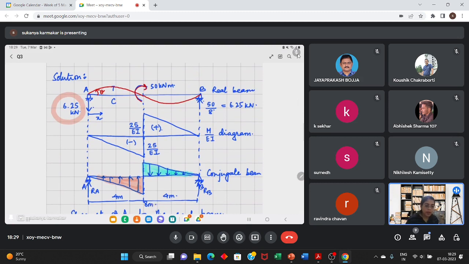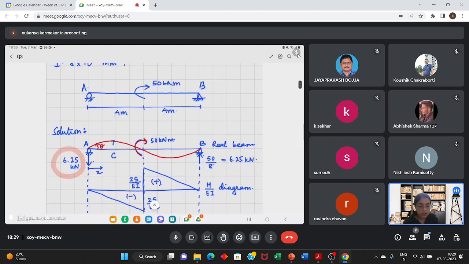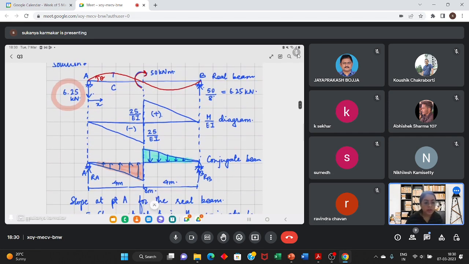You draw the M by EI diagram, which will become the load on the conjugate beam. How was this M by EI diagram drawn? This is the given structure with the moment. You calculate the support reactions, and from here you construct the bending moment diagram. Since EI is constant in this beam, you can simply divide the bending moment diagram by that value. So from there you get the value 25 by EI.